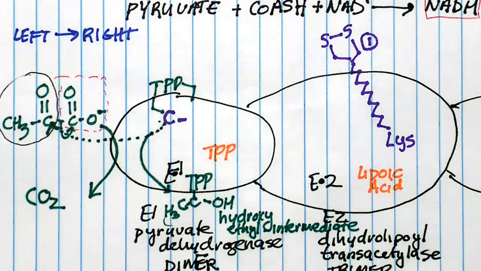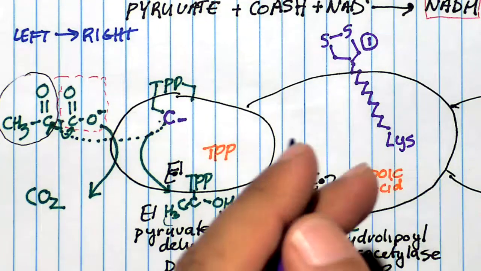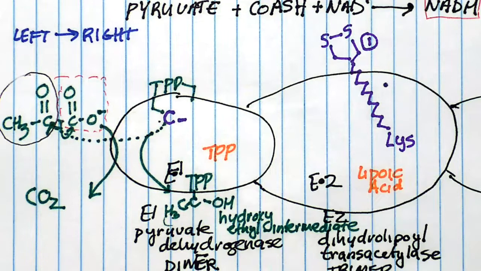Okay, that is associated with enzyme E2. So this is form 1 of the lipoyl lysine intermediate. Lysine is part of the active site of the E2, which covalently attaches to the lipoic acid.